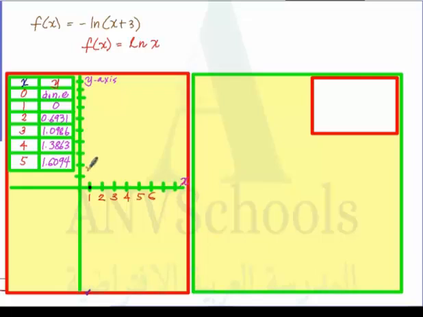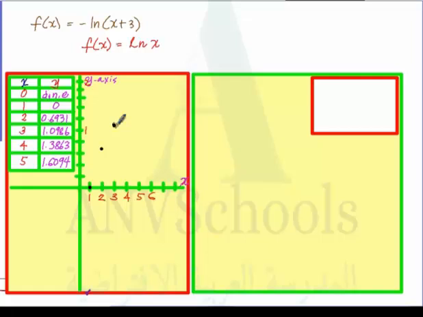And we are going to divide this into 0.2 for each unit. Okay, now we have x is 1 and y is 0, x is 2 and 0.6931, so it's like 0.7, so it would be here, and 3, 1.0986, so it would be something like 1.1.